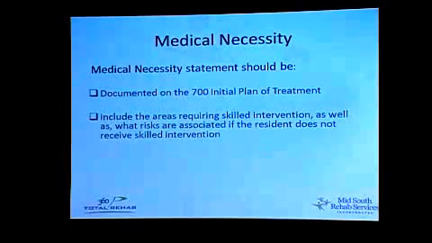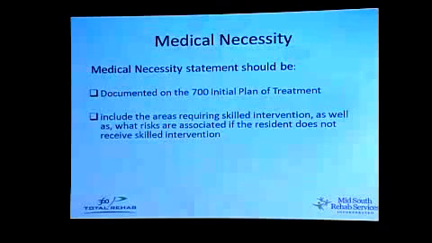In order to establish medical necessity, there are several things involved. One, you need to document the medical necessity statement on your initial plan of treatment, and it should include the areas requiring skilled intervention as well as what risk factors are associated if the resident does not receive skilled intervention. Think about it this way.